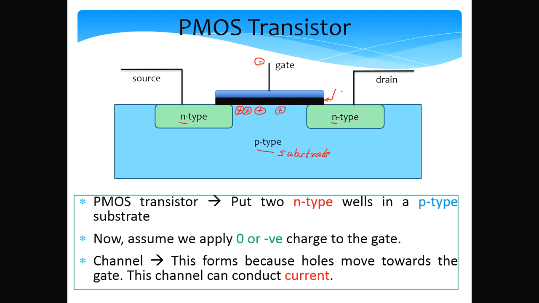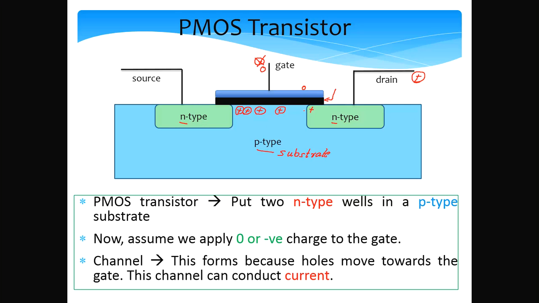So here is what I can do. Let us assume that I apply a positive charge to the drain, and in this case the gate is connected to the ground. If you consider this region of the transistor, there is a net positive charge, and here let's say the charge is 0.